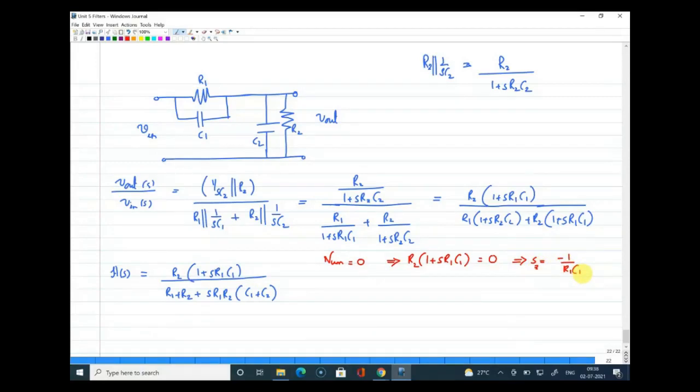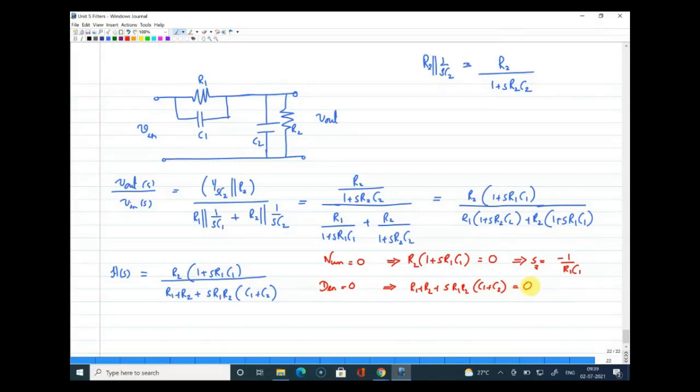Are you guys with me? Can I get some response in the chat? Yes, sir. All right. So similarly, when I substitute denominator equal to 0, I have R1 plus R2 plus SR1R2 into C1 plus C2 equal to 0.